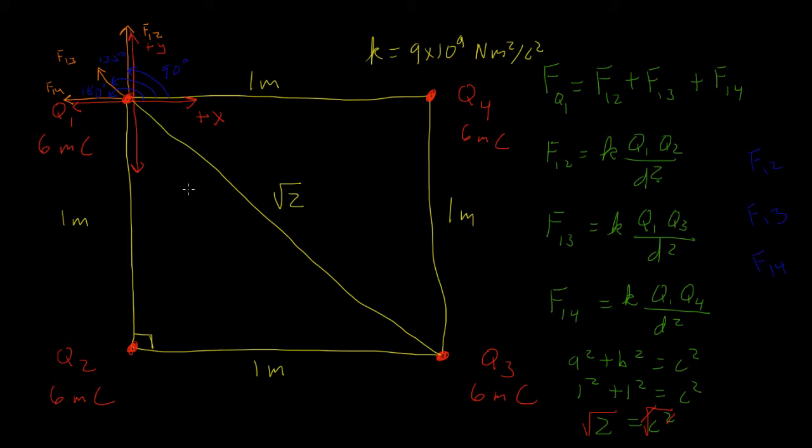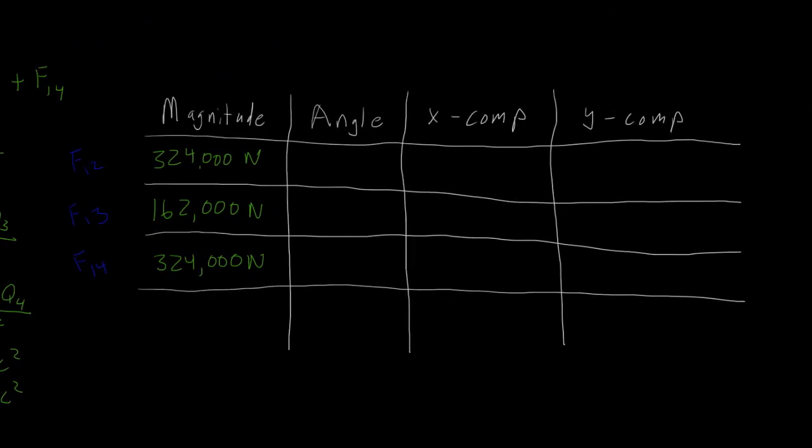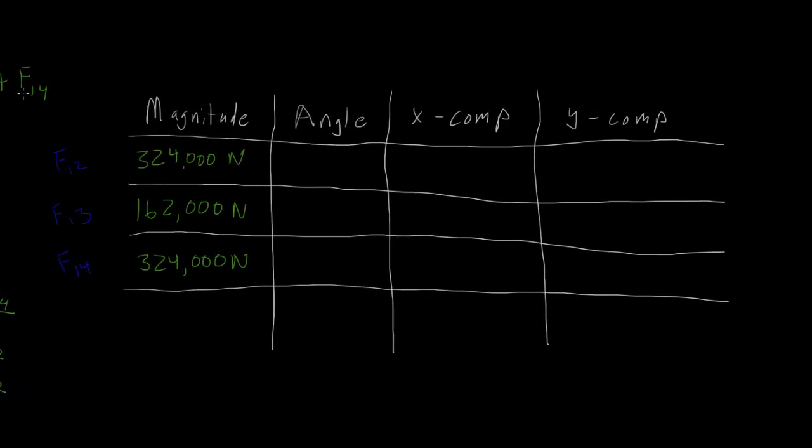And now in this column I'm going to put the angle. Okay, so remember between 1 and 2 was 90, 1 and 3 was 135, and between 1 and 4 was 180. So we've got 90 degrees, 135 degrees, and 180 degrees.